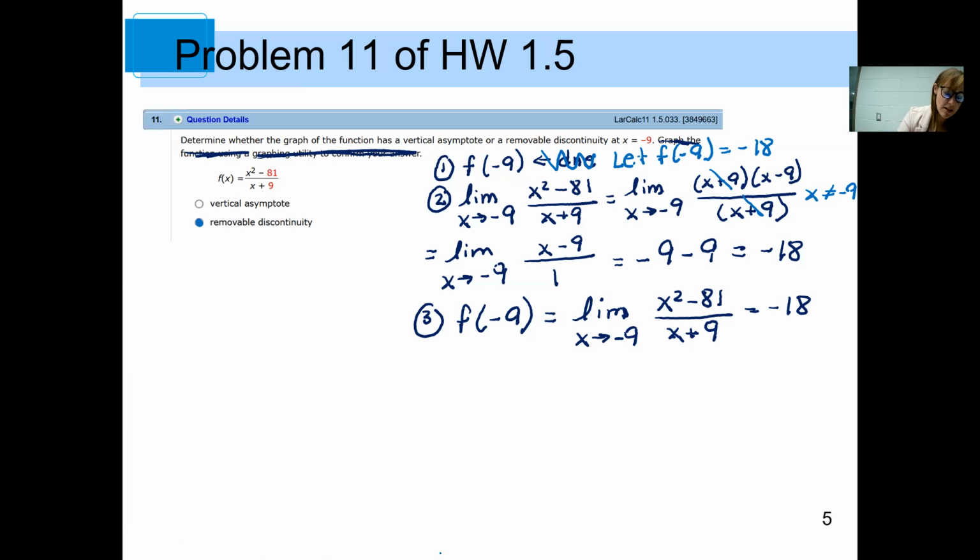Something that would be telling me that it's maybe a vertical asymptote is if that limit was approaching infinity or -infinity, or maybe the limit didn't exist, but if the left and the right limits existed and they approached infinity, that would say that we have a vertical asymptote.